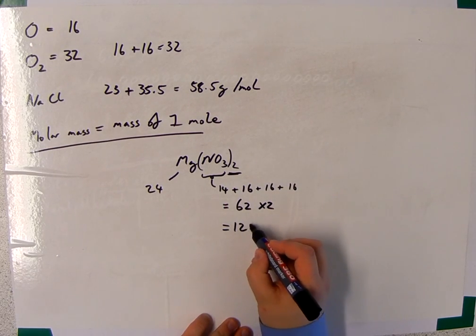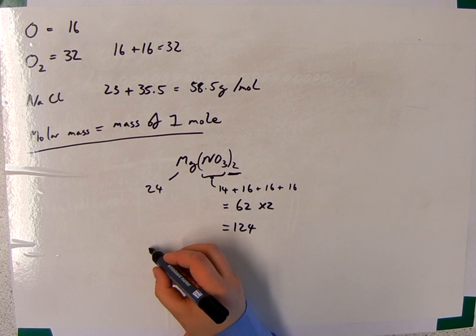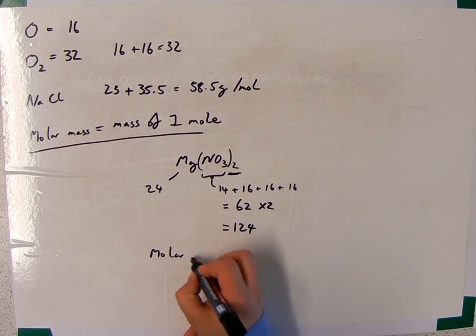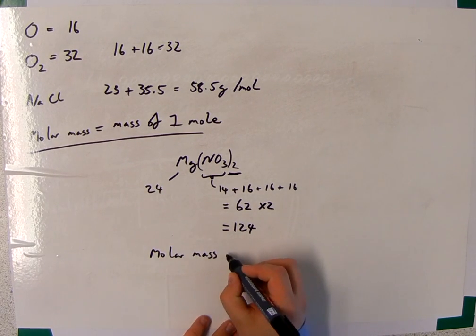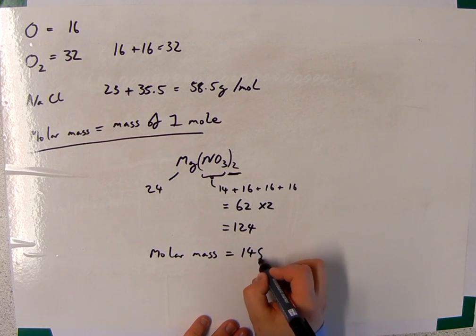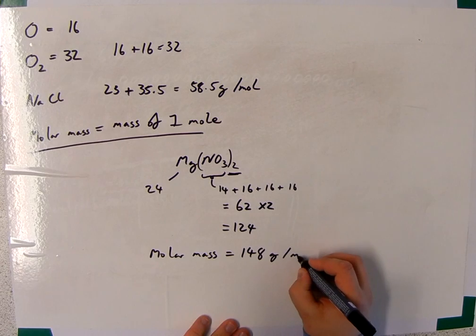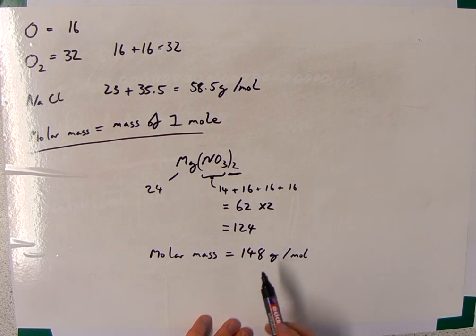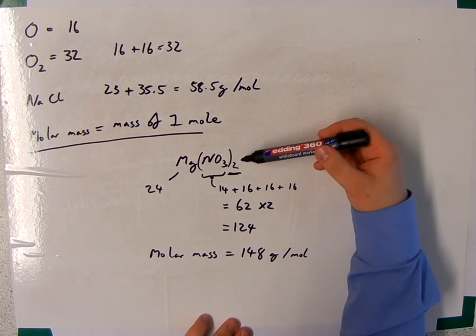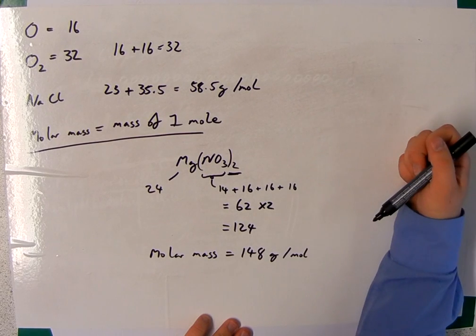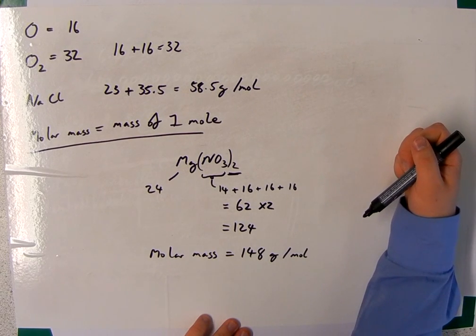So that's going to be 124. So our total molar mass is going to be 148, which we could write as grams per mole. So 1 mole of our magnesium nitrate is 148 grams of magnesium nitrate.